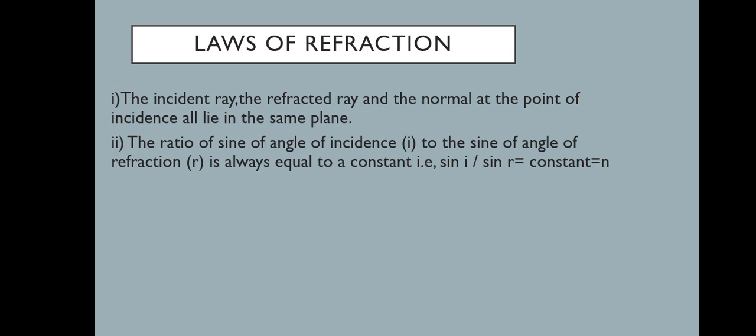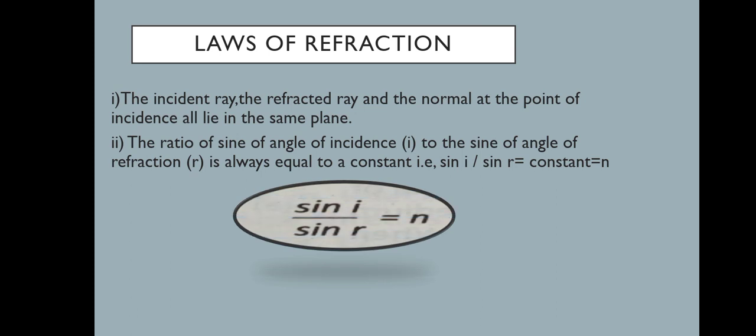So for refraction, the second law is that the ratio of the sine of the angle of incidence to the sine of the angle of refraction is always a constant quantity, which is called the refractive index of a medium. Here is the formula: sine i divided by sine r equals n. It is also called Snell's law.